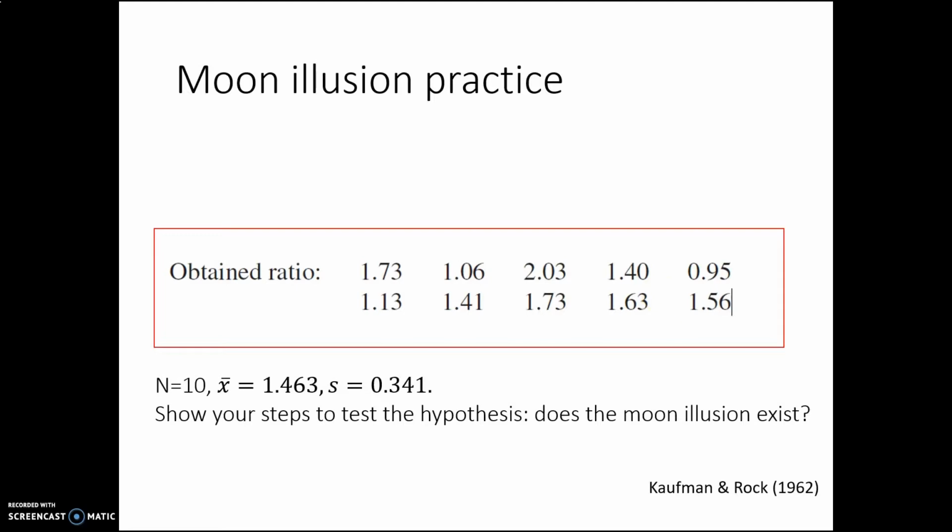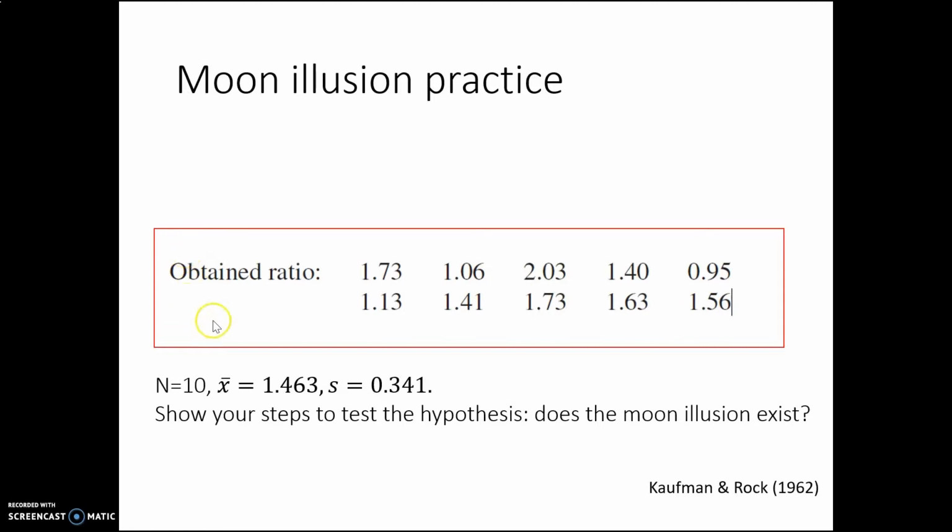Okay, so some of you may ask me, then what is the mean for the population? What is the mean we want to compare our sample with? The little trick here is, think about it. We want to compare whether these 10 ratios are significantly different from the standard ratio. So what is the standard ratio? That is 1, right?